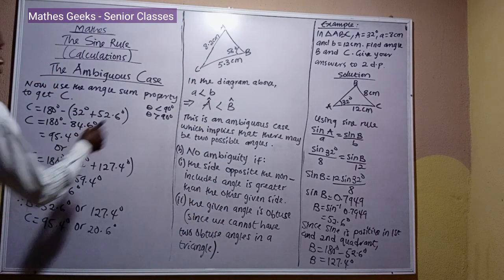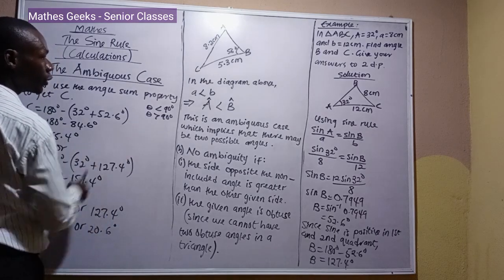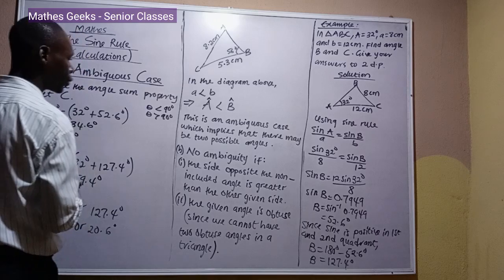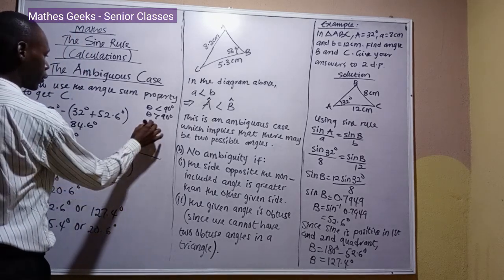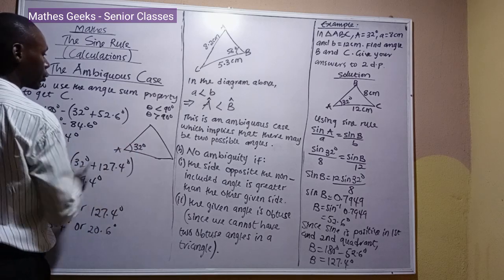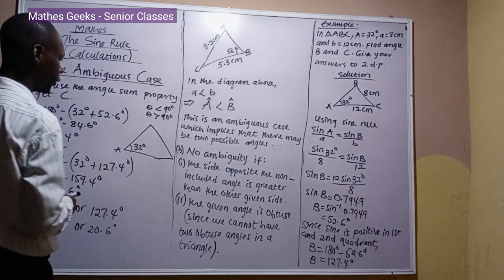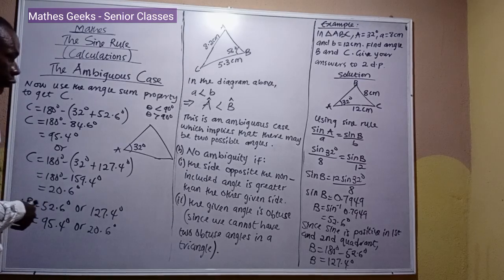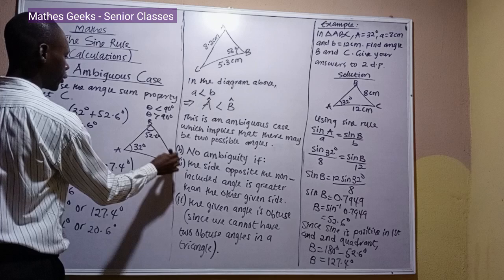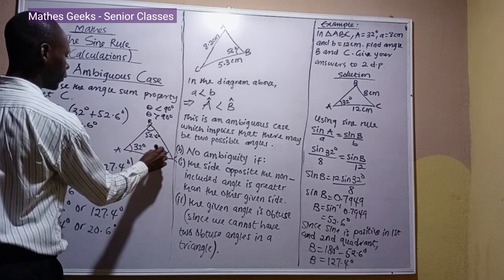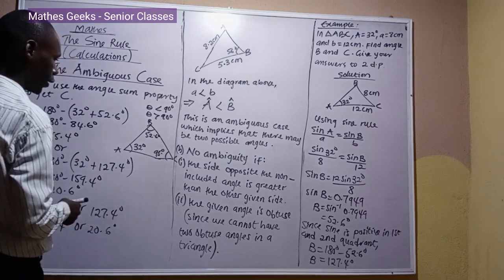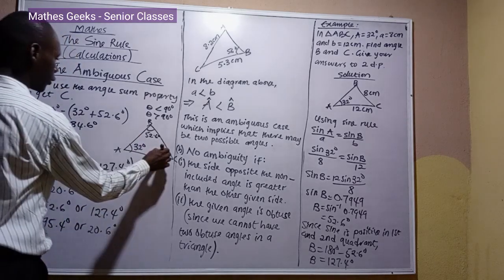that we have gotten. Our first possible triangle is the first one. The first option: A is 32 degrees, B is 52.6 degrees, and C is obtuse, 95.4 degrees.